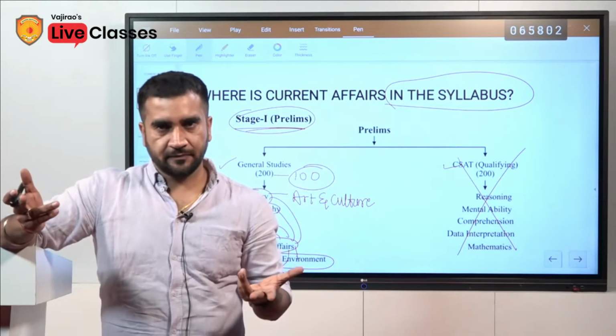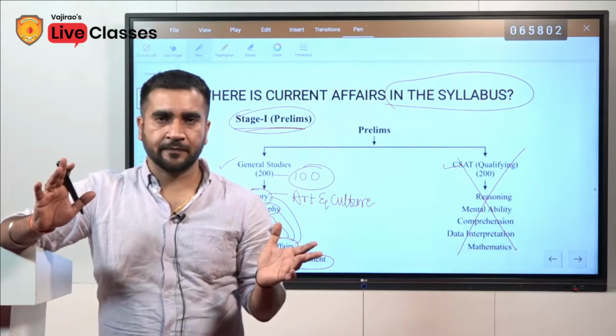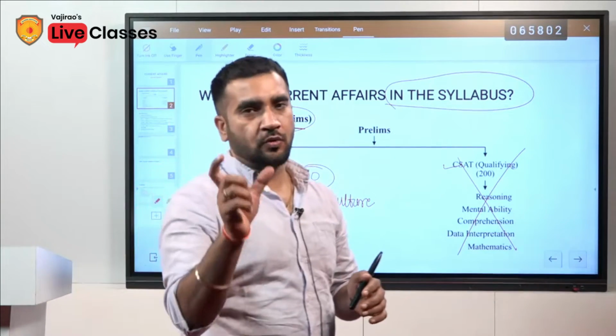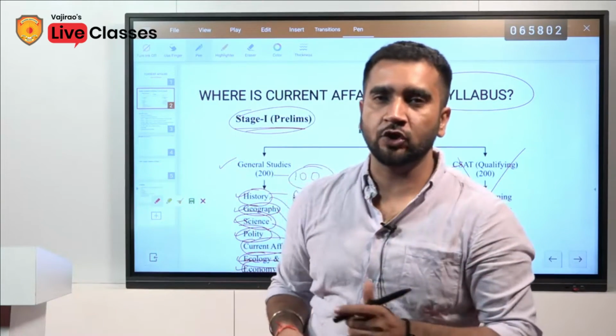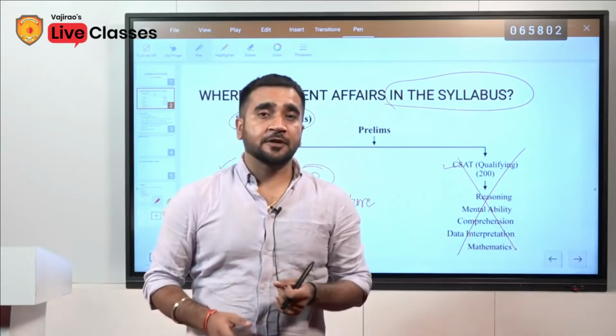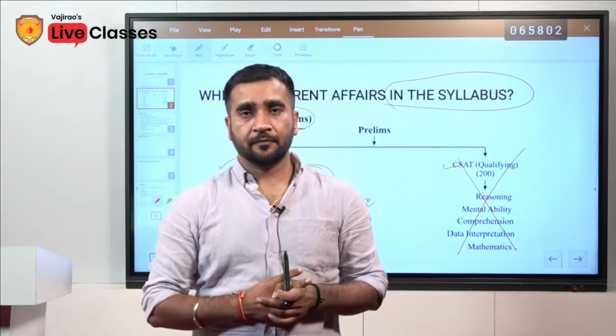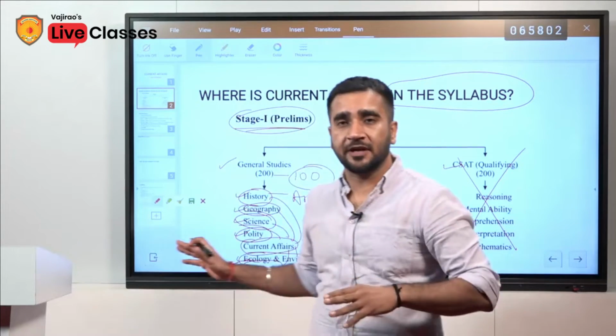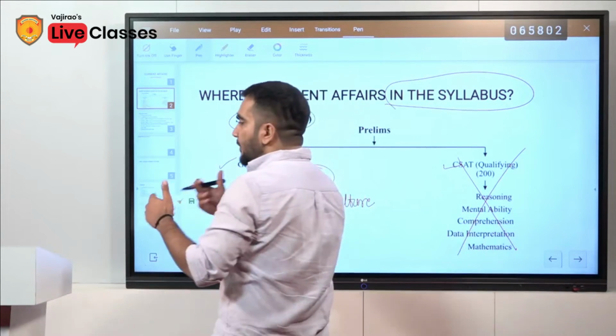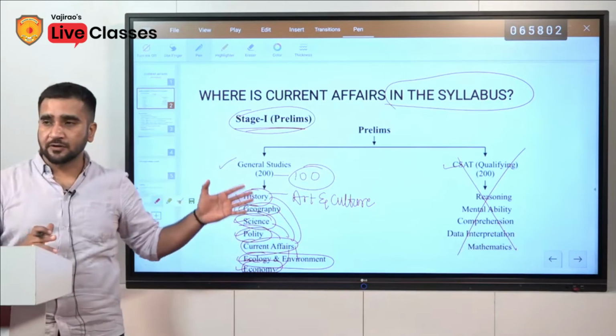So it depends totally on UPSC, and that is why this word U in UPSC, technically it stands for union, but at times aspirants jokingly say that U stands for unpredictable. And one of the reasons for it being unpredictable is that any number of questions from any topic can be asked.